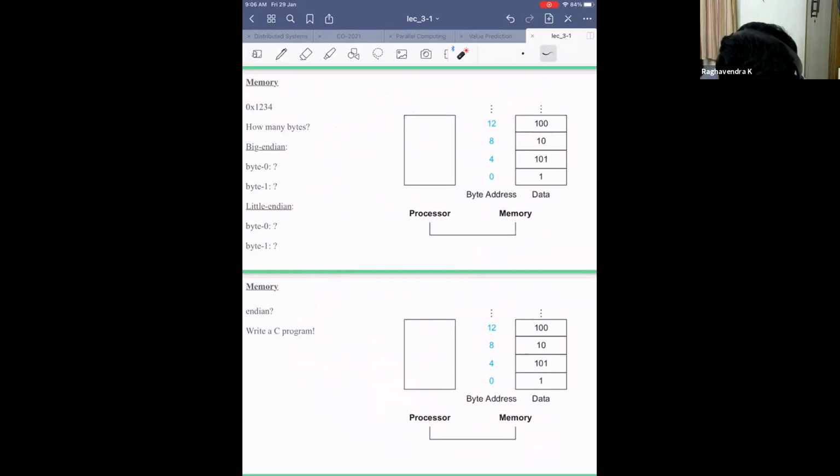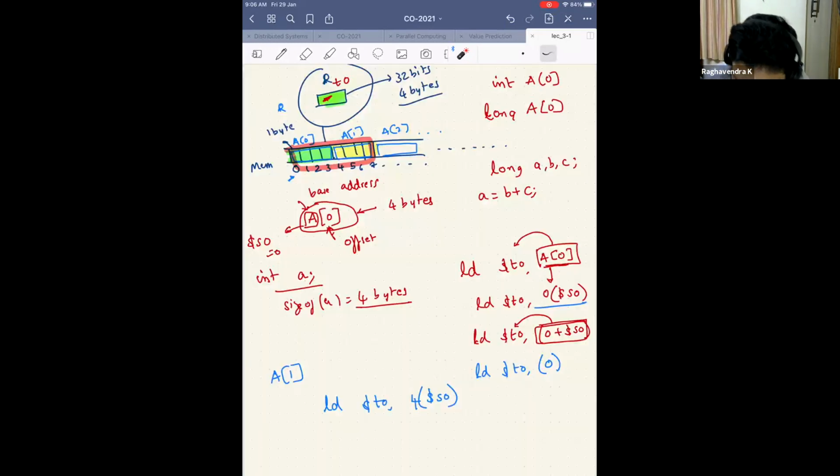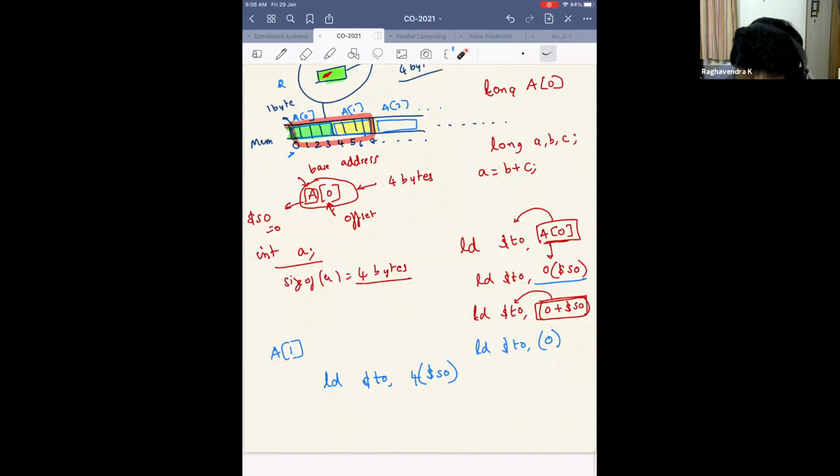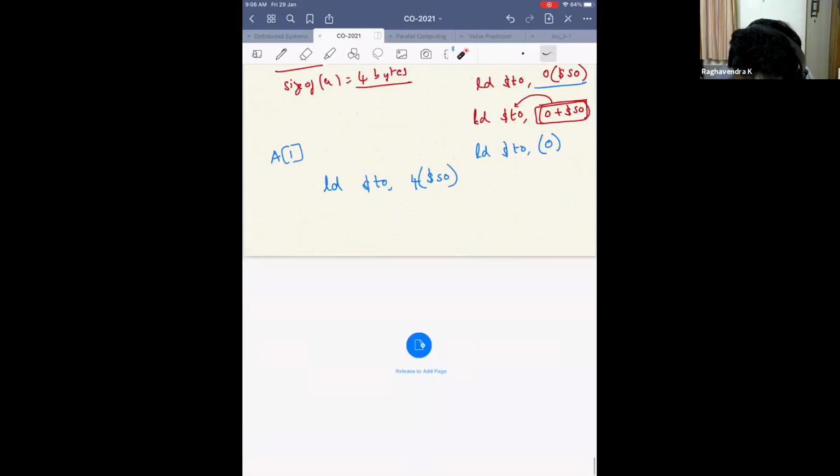Let's say I have an address, and I want to store the data value 0x01234567.